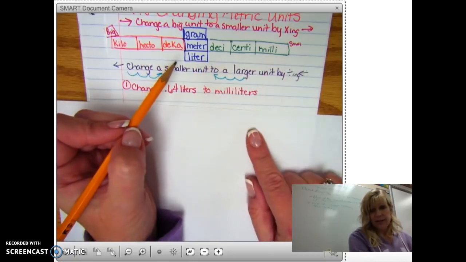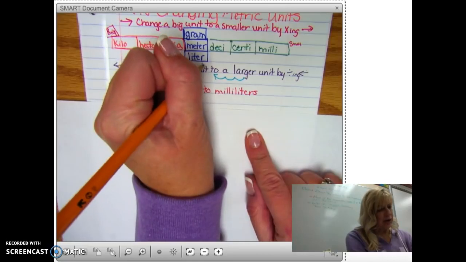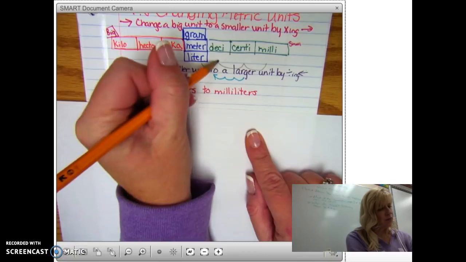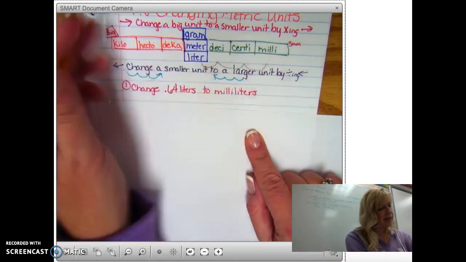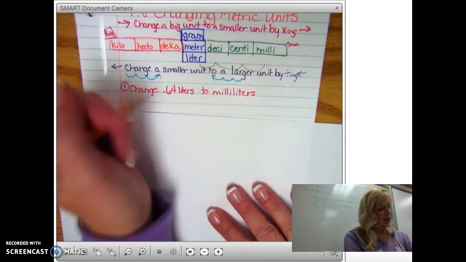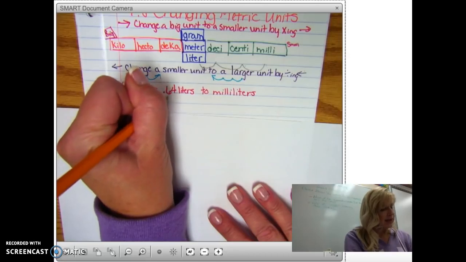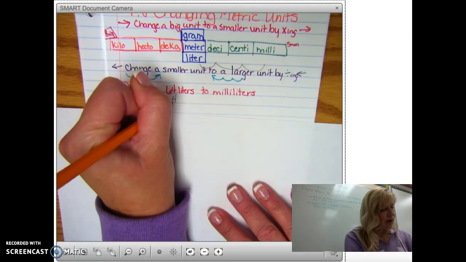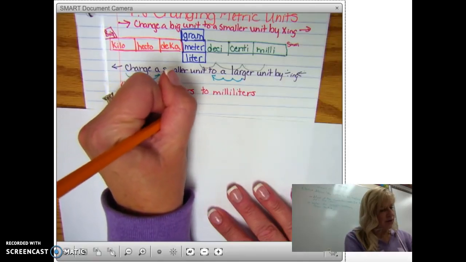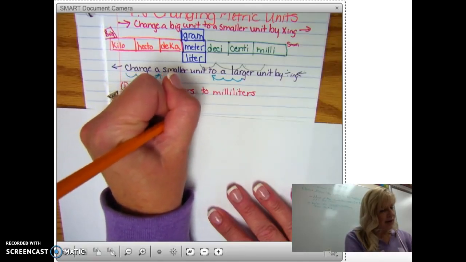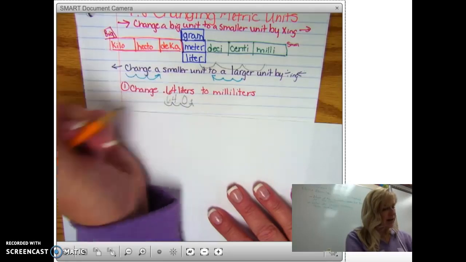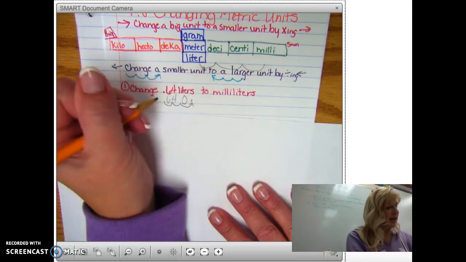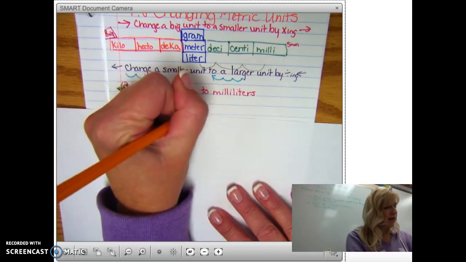How many places? Watch. We're going to swoosh 1, 2, 3 places. 1, 2, 3 places to get to milliliters. And so if I have my 0.64, I drew it really softly so I can go 1, 2, 3, and you place it right here. So 0.64 of a liter is 640 milliliters.